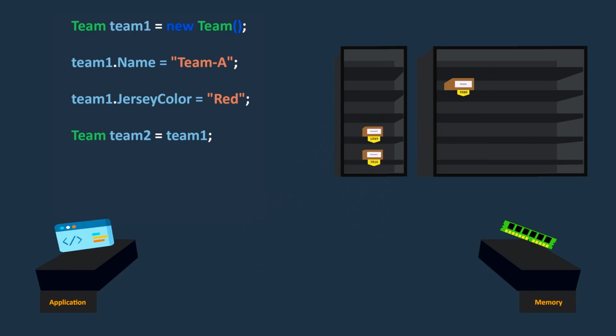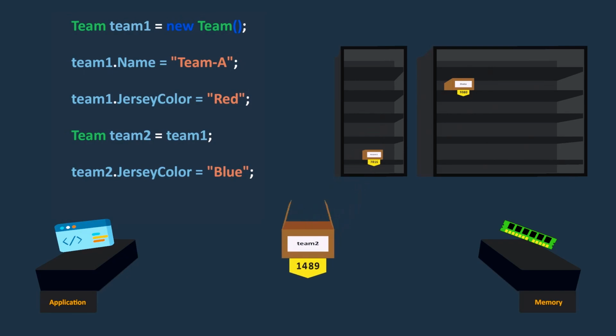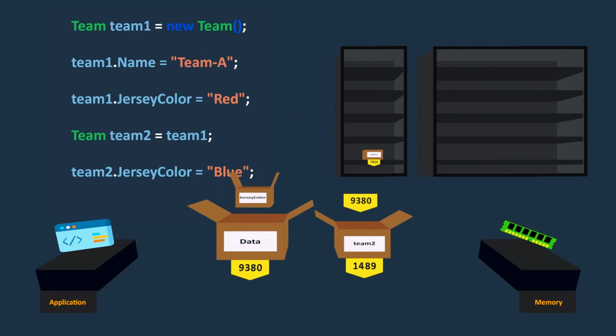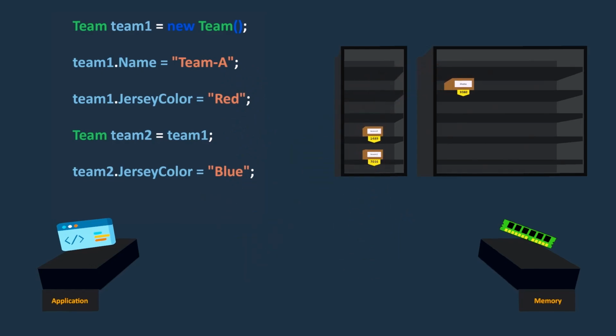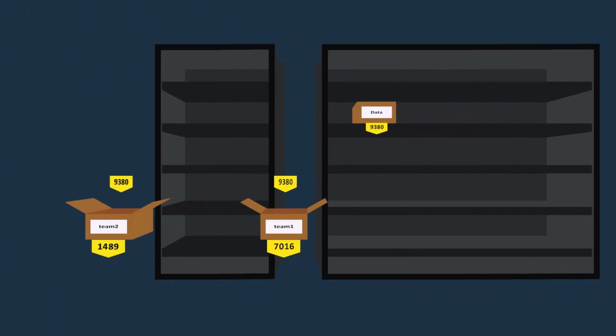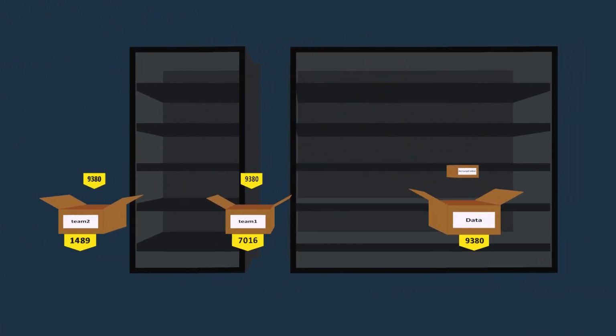If we modify either of these variables, such as changing the value of jersey color using team2, it will affect the other variable as well, since both team1 and team2 point to the same memory location that holds the object's data. This is how reference type variables store their data in memory, and this is their behavior when we modify them.